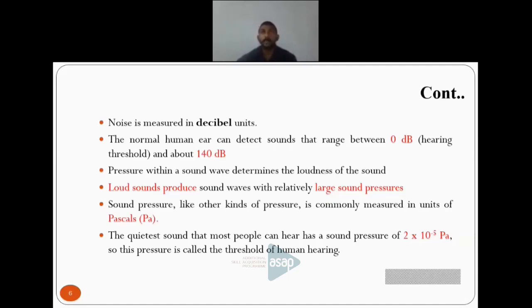The common unit we use to measure pressure is the Pascal. The lowest sound the human ear can hear has a sound pressure of 2 × 10^-5 Pascal, and this pressure is called the threshold of human hearing.